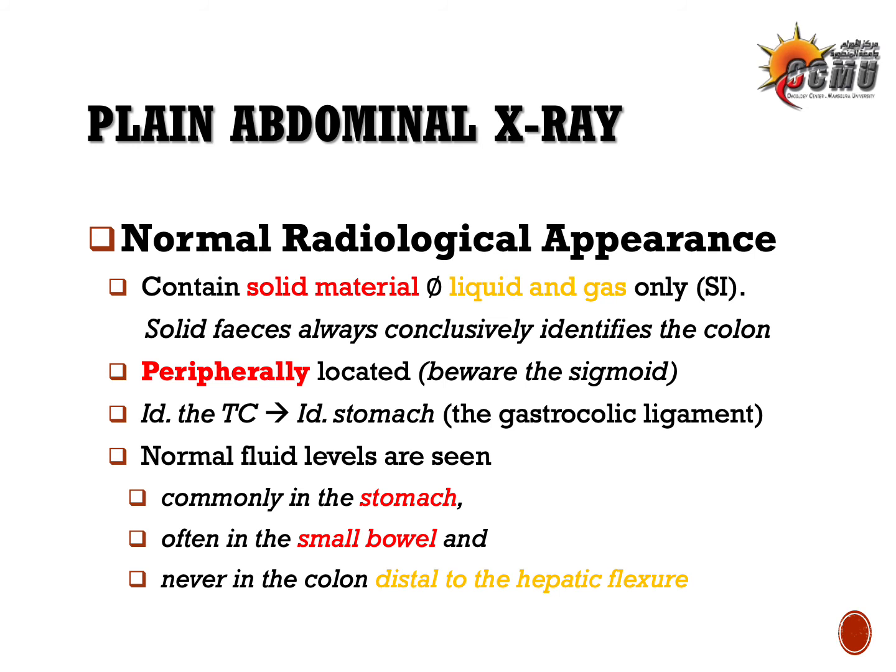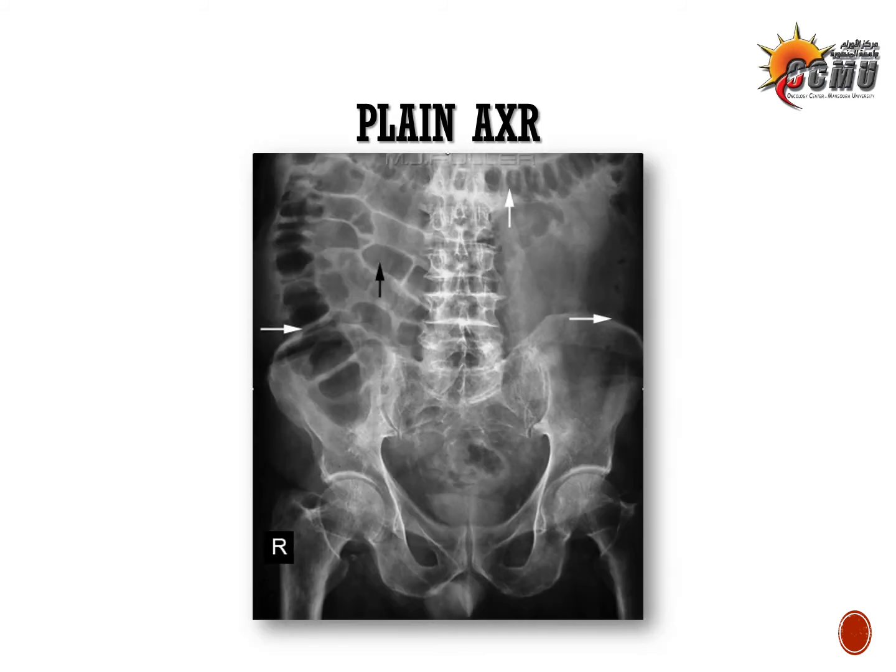Also, you should notice the abnormal gas pattern that you're looking for. If it is peripherally located, then that is always large bowel, except the sigmoid, which is seen in the pelvis, in the midline. Okay, so this is air in the large and small bowel.